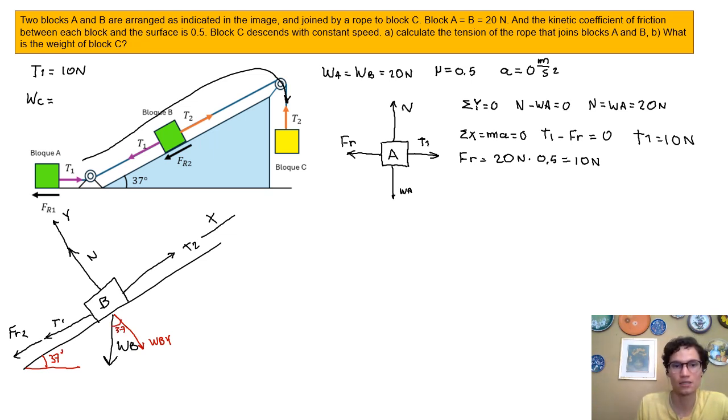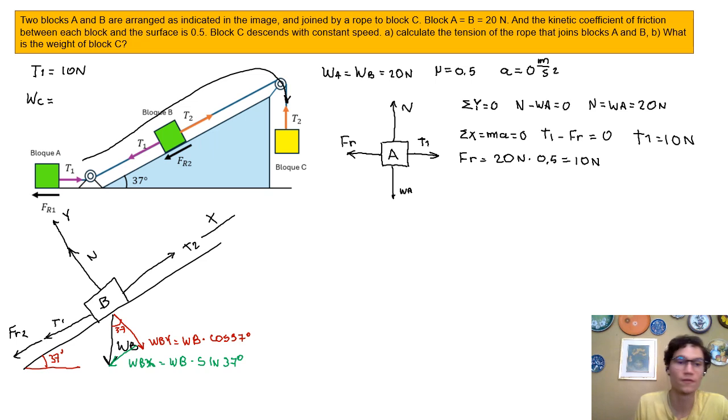This is the adjacent, so the weight B in the y-axis is the weight B times the cosine of 37 degrees, due to trigonometry. The weight B in the x-axis will be the opposite side of the triangle to the angle, so it will be weight B times sine of 37 degrees.